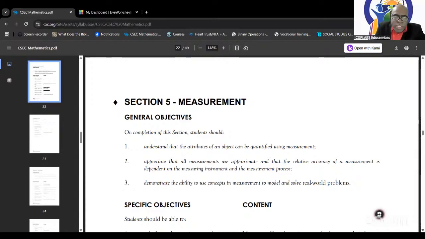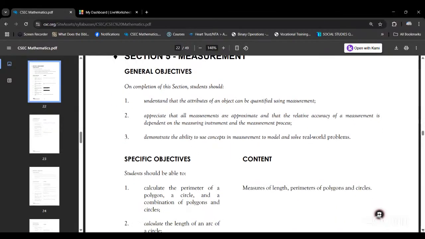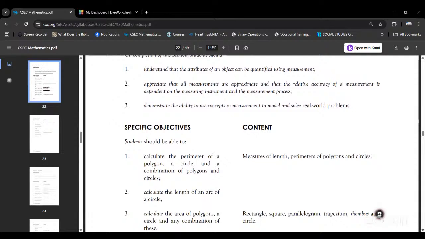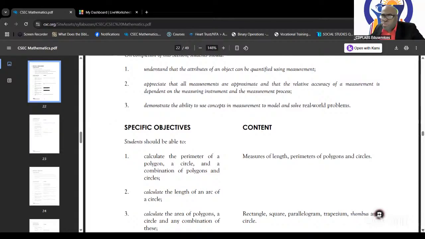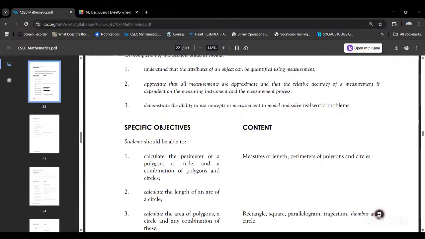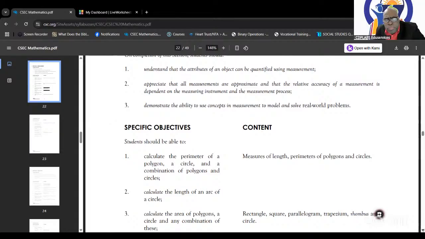No, that's if they're using straight lines, right? Yes, sir. What if they're not using straight lines? I'm not sure. What do you think? All right.